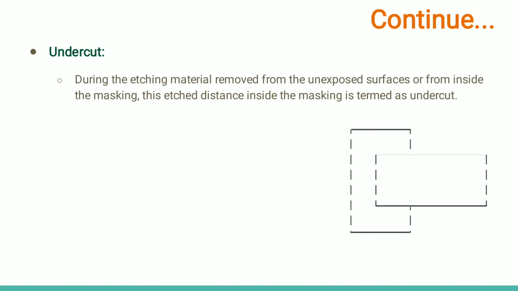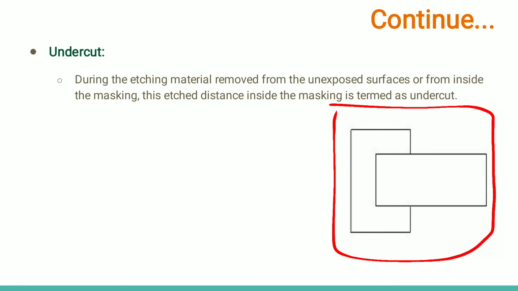Okay, next is undercut. There is only one defect, and that is undercut. If you can just see this, this is a workpiece. First we dip this workpiece inside the chemical solution, and it will remove this much thickness in the beginning.